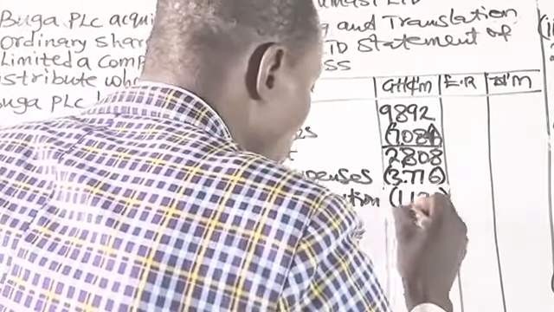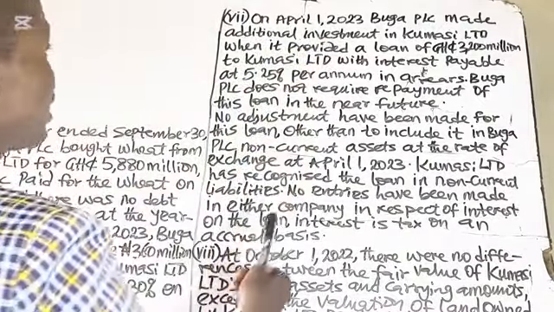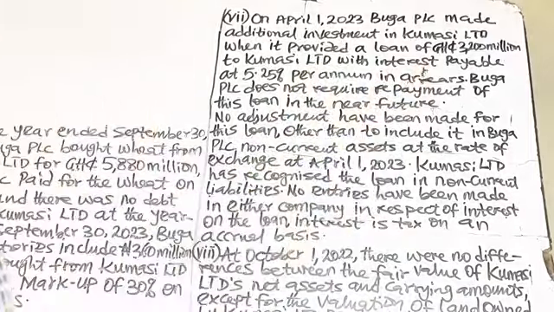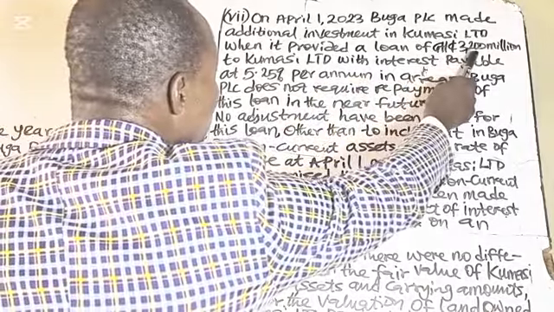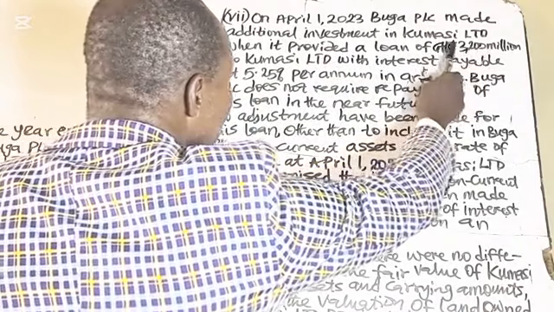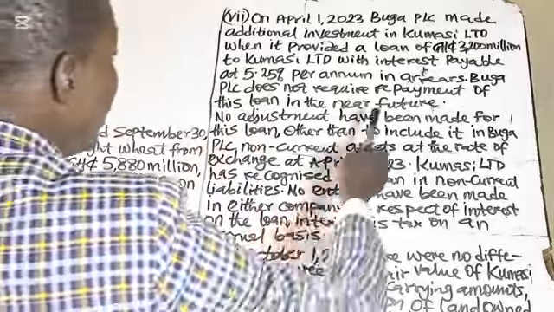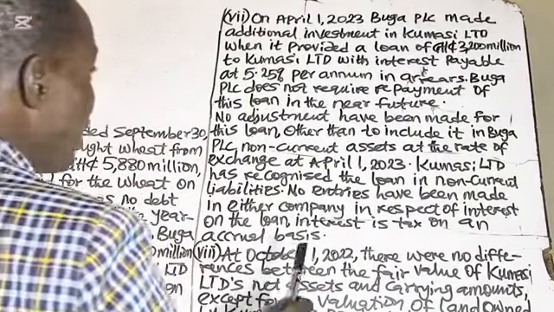On April 1st, 2023, Buga PLC made an additional investment in Kumasi Limited when it provided a loan of 3.2 billion Ghana cedis to Kumasi Limited, with interest payable at 5.25% per annum in arrears.